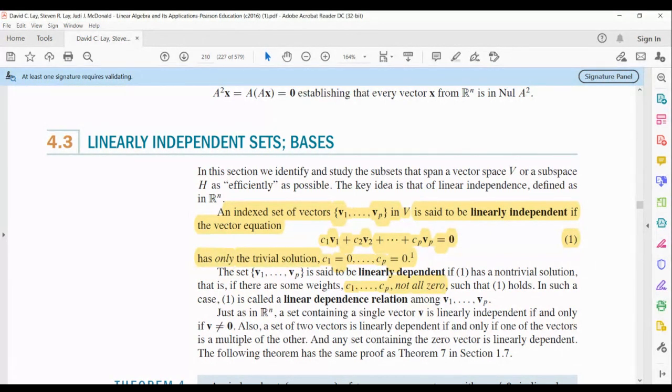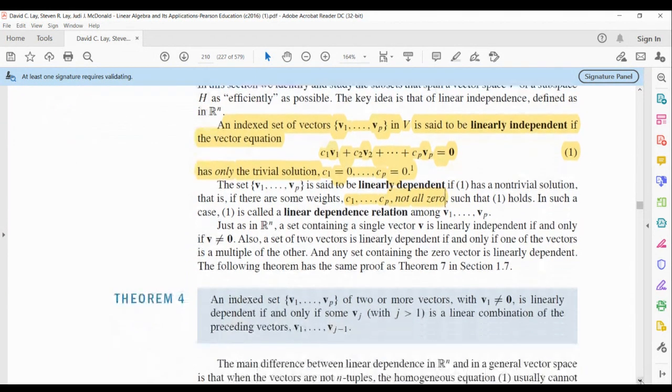And this concept is extremely important because it helps us establish the definition of a basis. But just a comment here, a theorem that I think is pretty much common sense: if you have a set of two or more vectors, and the set's linearly dependent, of course, that means one of the vectors can be written as a linear combination of the other vectors in the set.